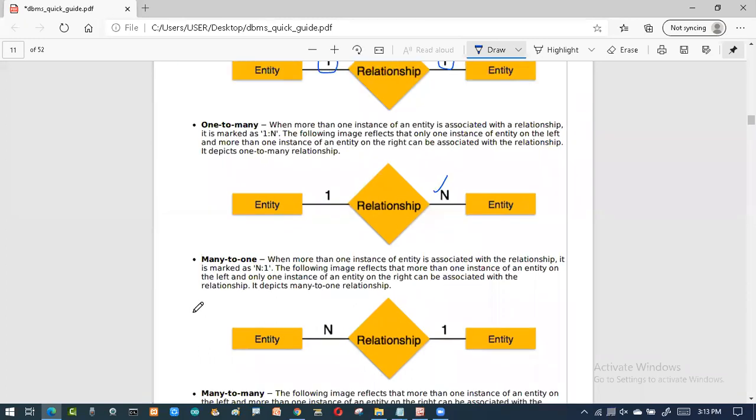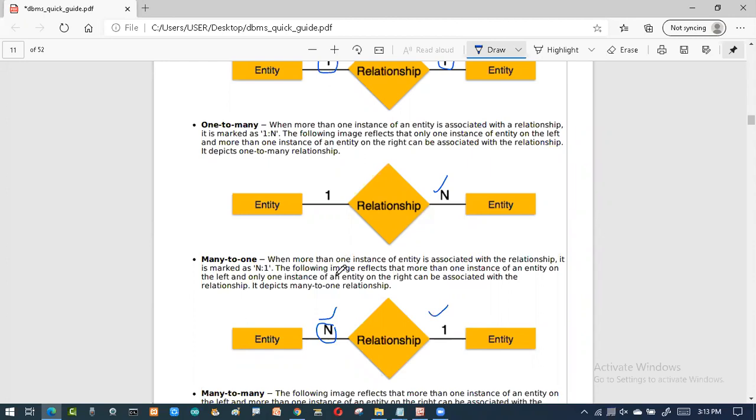Then coming to the many-to-one, here you can say this is n and this is 1. So this entity is dependent on this particular entity many times. So when more than one instance is associated with the relationship, as here we have n is to 1.